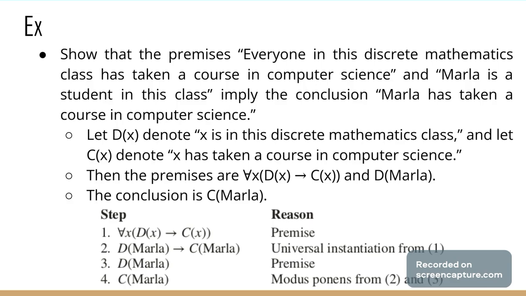Let's look at examples. Show that the premises, everyone in this discrete mathematics class has taken a course in computer science, and Marla is a student in this class, imply, there are two premises, that Marla has taken a course in computer science. Let's convert.